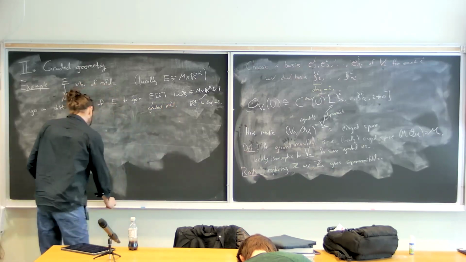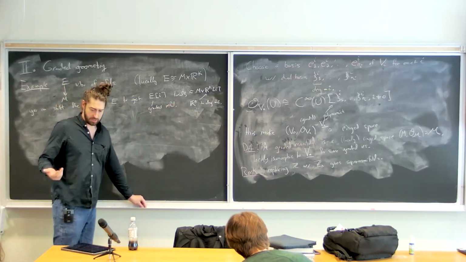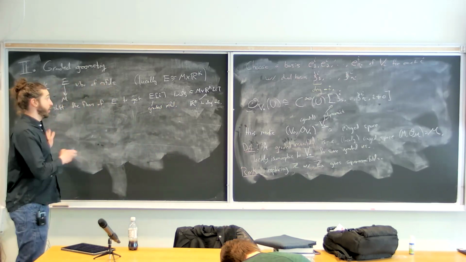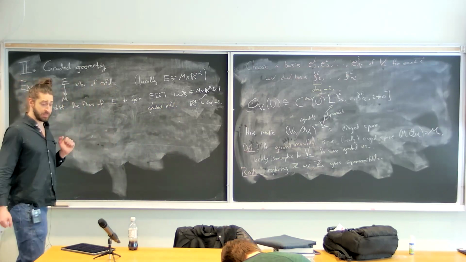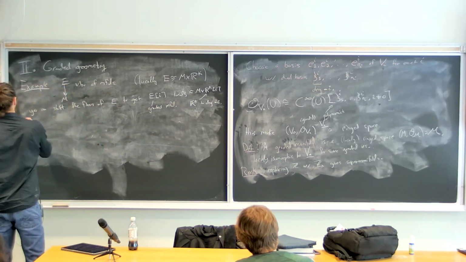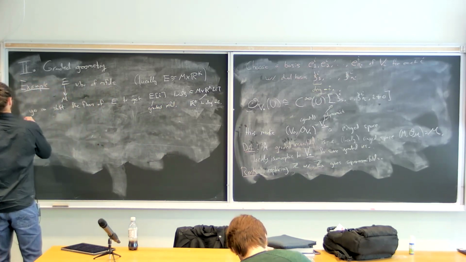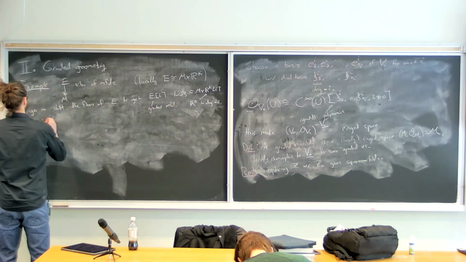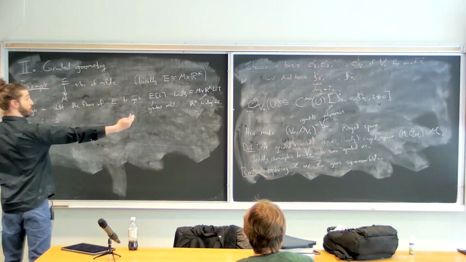A particularly important example of this is when you shift by 1 or minus 1, and we're going to be looking at the case of minus 1. If I is equal to minus 1, that's putting the fibers into degree 1.